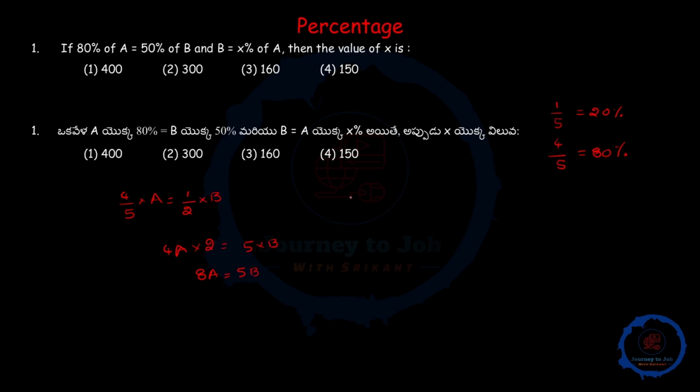And here, what are they asking? If b is equal to x% of a, then the value of x. So b by a is equal to x%. Here, what is the value of b by a? b by a means 8 by 5.